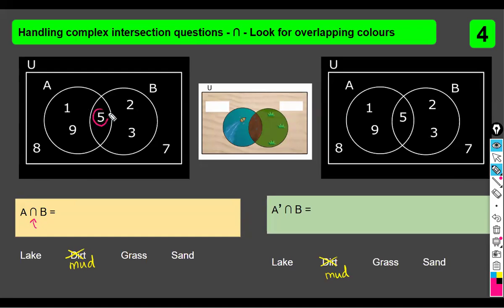A and B overlap to give the answer 5, and we have to put it in little squiggly brackets. But let's just say somebody didn't know that answer. They couldn't see that A and B overlap at 5.